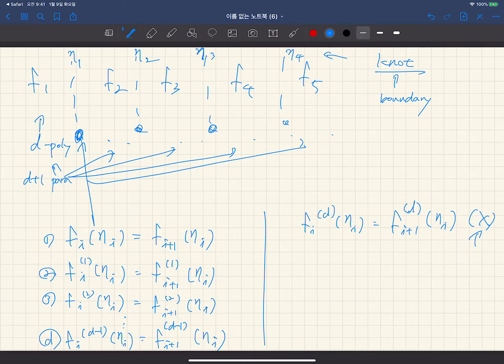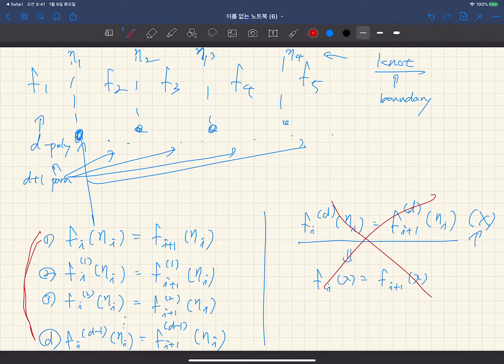If you include this constraint as well, then it basically means f_i(x) equals f_{i+1}(x) for all x, which means there's no point in splitting your input range. Okay, so you don't have this condition, but you have the conditions for each knot.